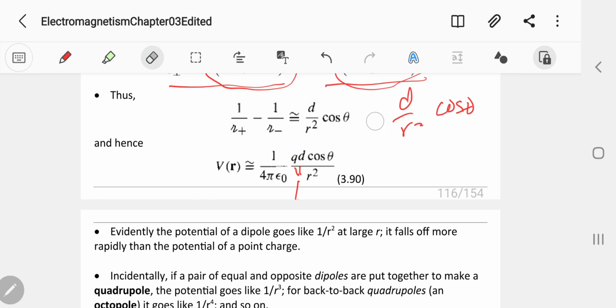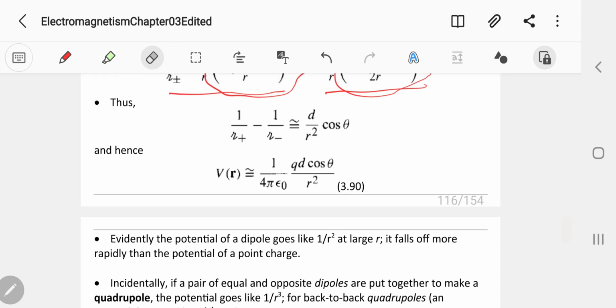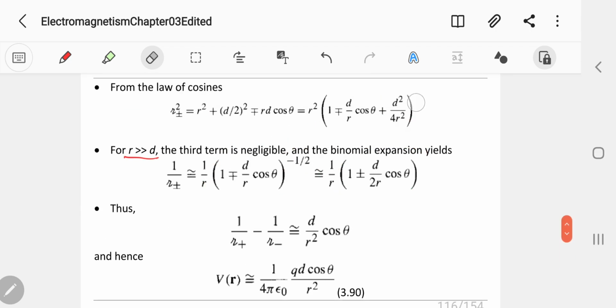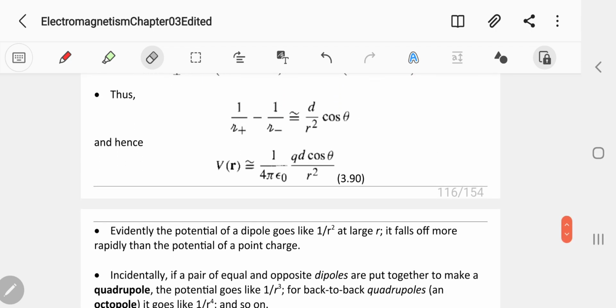So you have 1 over 4 pi epsilon times Q times D cosine theta over R squared. There's nothing similar to V equal to 0 at very large distance.